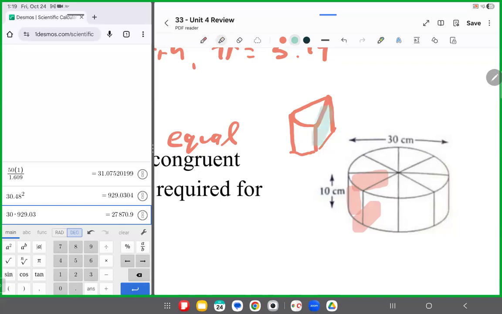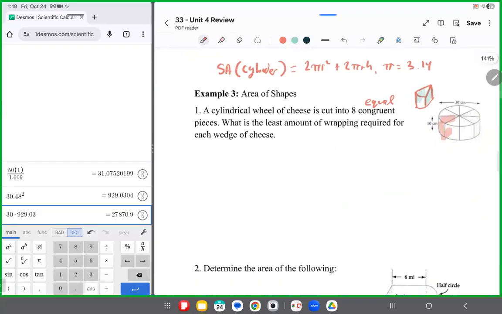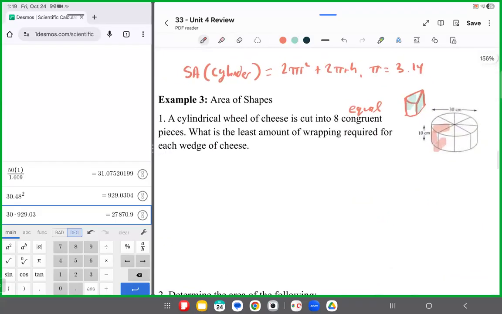So we're going to need this part of the wall as well as the back. And so here we need the surface area of a cylinder formula to get us the outer wrapping of the cheese. But then we also need two walls for the inside of the cheese itself. Because remember, when you take out the slice of cheese, we're assuming that that part's going to be wrapped as well, right? Because otherwise, why would we cut it into pieces?